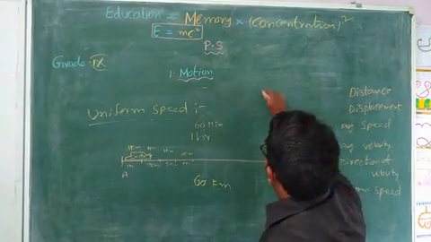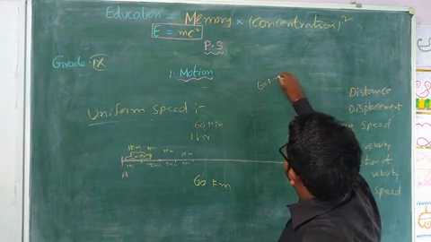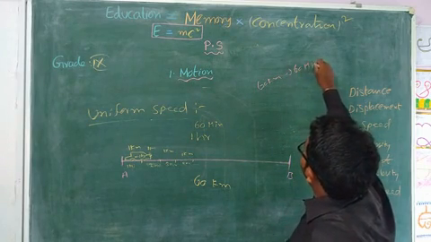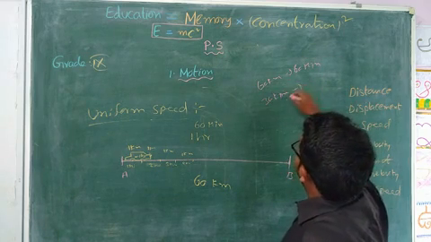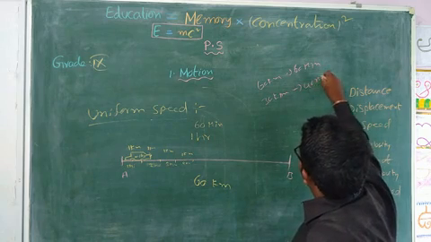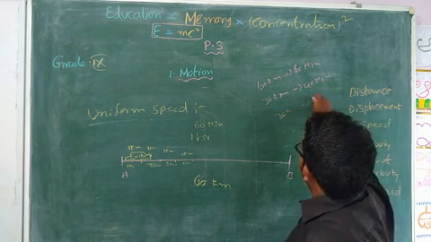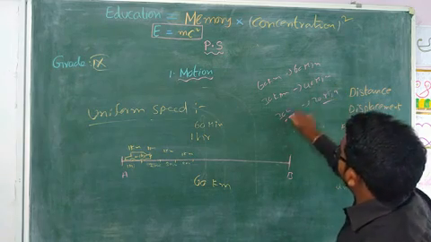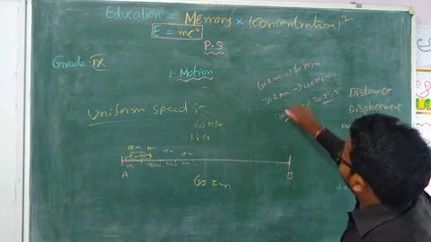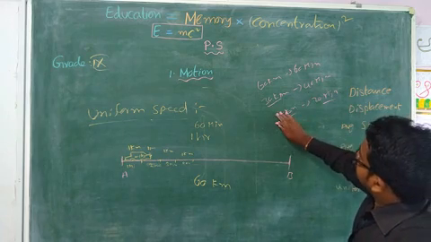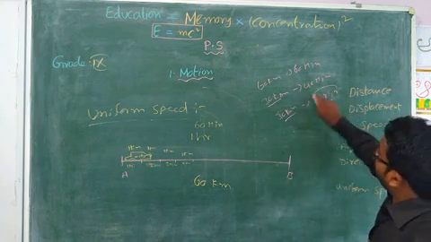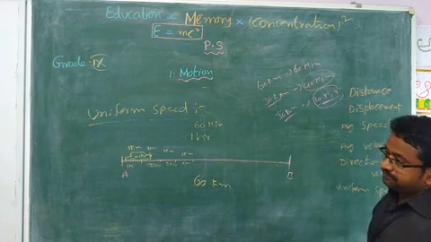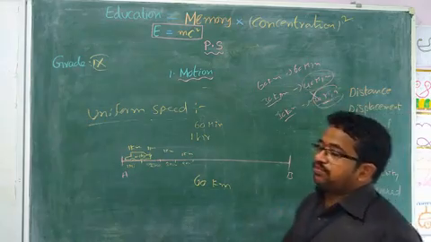Because if you consider 60 kilometers in 60 minutes, 30 kilometers may be in 40 minutes, and the remaining 30 kilometers may be in 20 minutes. So here what is happening? 30 kilometers in 40 minutes, the remaining 30 kilometers only in 20 minutes. Here more speed, here less speed. It is not going to be considered as uniform motion.